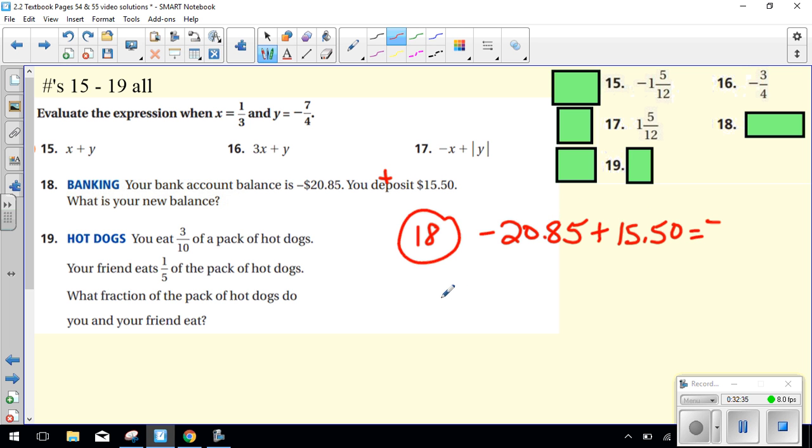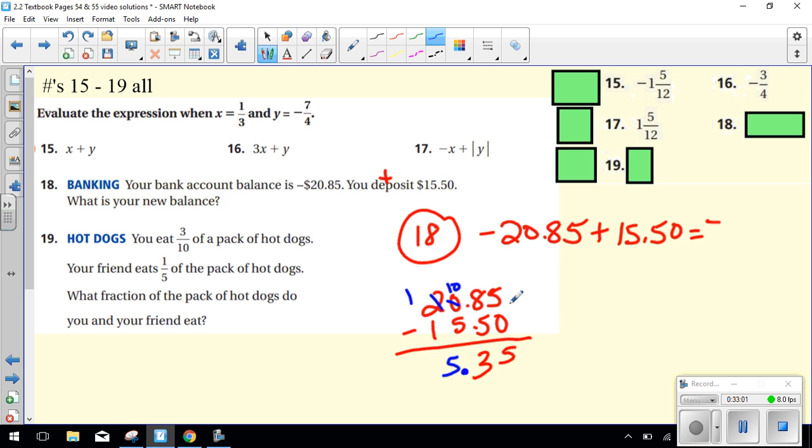So I'm going to come over here and subtract these two. So 5 minus 0 is 5. 8 minus 5 is 3. I'm going to borrow. 10 minus 5 is 5, and 1 minus 1 is 0. Decimal points are lined up, and it goes straight down.